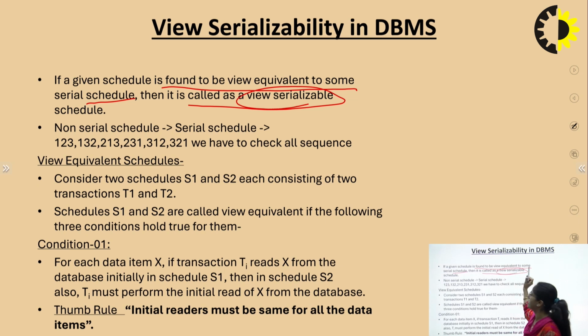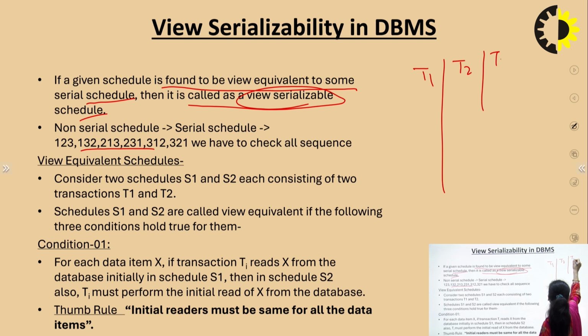view serializable schedule. If any schedule is given, we are checking their sequences, like T1, T2 and T3. These are the transactions given in a schedule. We have to check whether it is a view serializable schedule or not. For that reason, we are checking the sequences.